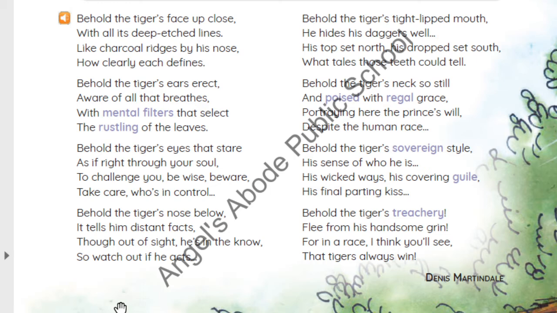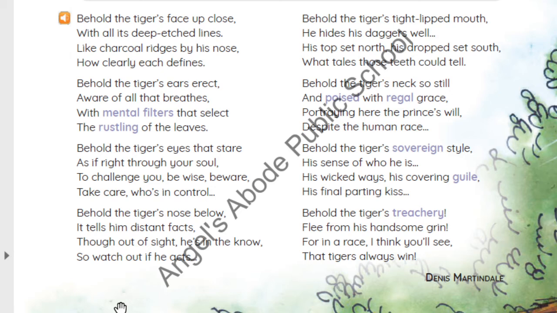And his wicked ways: the meaning of wicked is evil, because the way he is looking, his eyes are telling the evil story that he wants to attack. So beware. He is always aware of what he is doing. His face is showing his expression of what he wants to do.